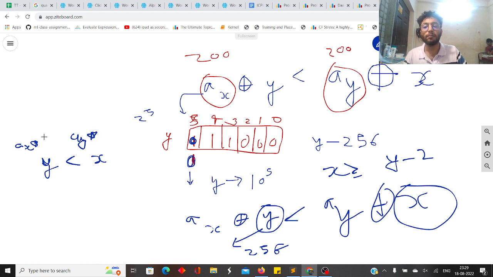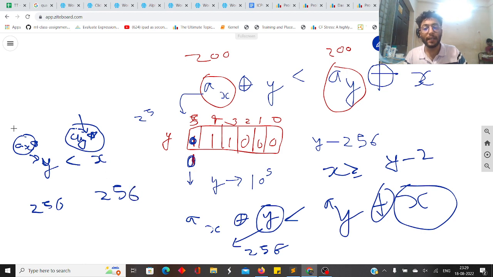The maximum this ax can affect my value of y is only by a factor of 256, and similarly the maximum this ay can affect my x is also by a value of 256.